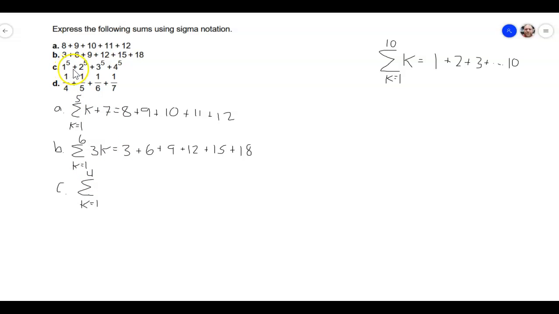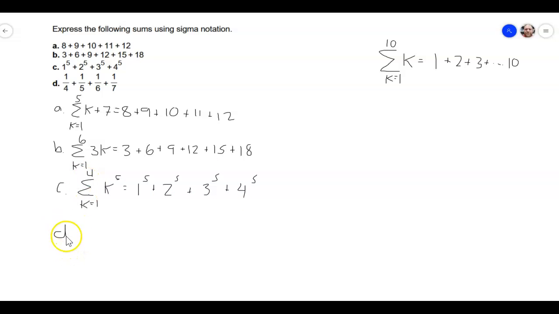It looks like it's increasing by 1, so I'm just going to put a k here, and the exponent is staying the same, so I'm going to put in a constant value for that. So when k is 1, that should be 1 to the 5th plus, and then when that's 2, that'll be 2 to the 5th plus, that's 3 to the 5th. That was a nice and easy one for us. 4 to the 5th, and then it stops.